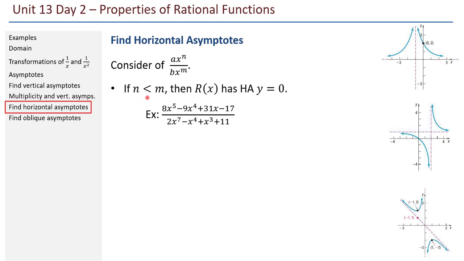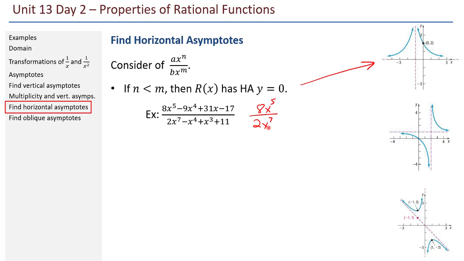If n is less than m, the power of the numerator is less than the power of the denominator, then my rational function has horizontal asymptote y equals 0. So it's this kind of a situation. The x-axis is acting as the horizontal asymptote. We can see here in this example I have 8x to the 5 divided by 2x to the 7.